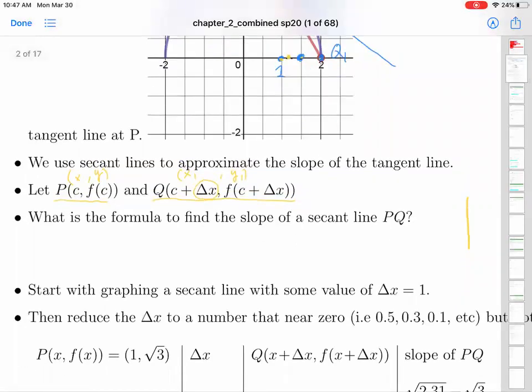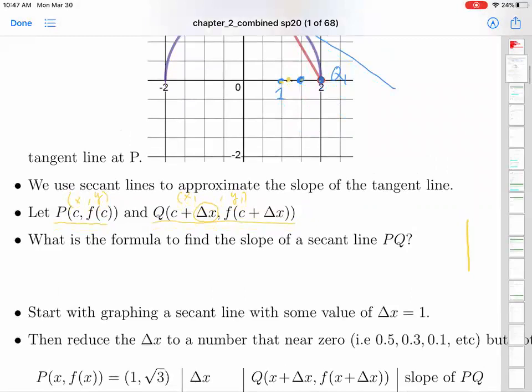So what is the formula to find the slope of the secant line PQ? The slope of the secant line equals, remember, Y2 minus Y1 over X2 minus X1.